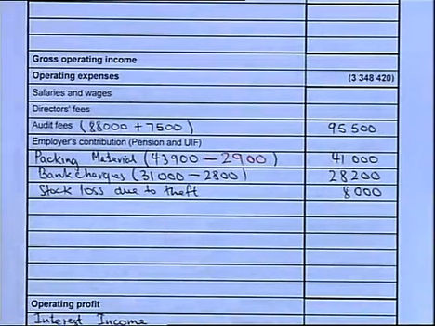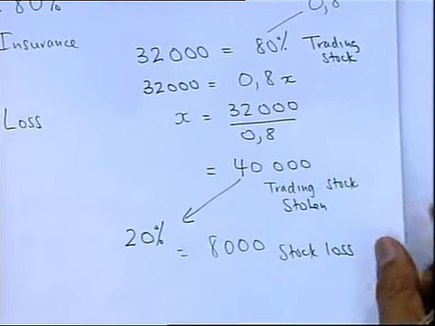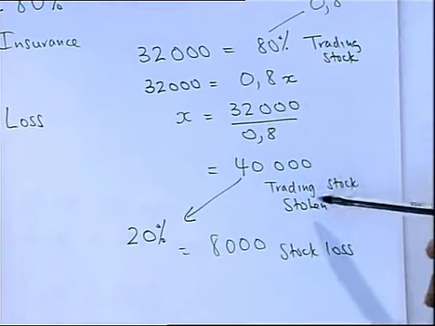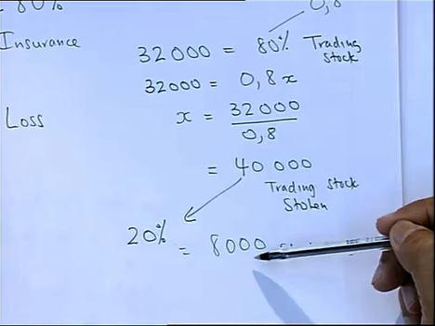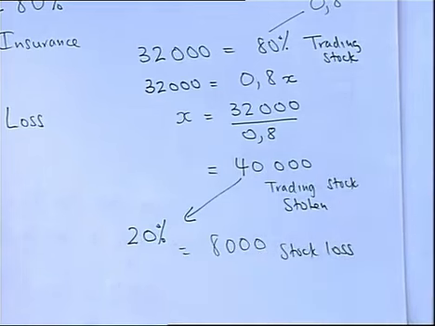Okay, that's a fairly tricky adjustment. So learners, we must make sure that we know how to calculate. We first of all want the 100% of the stock that was lost or stolen, and then we calculate the 20%. So 20% of 40,000 gives you the 8,000.